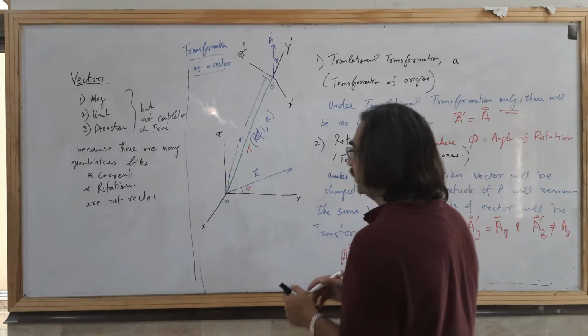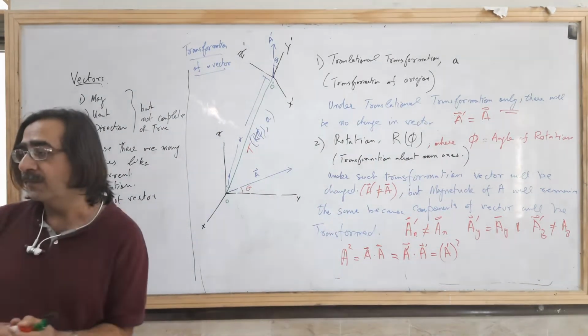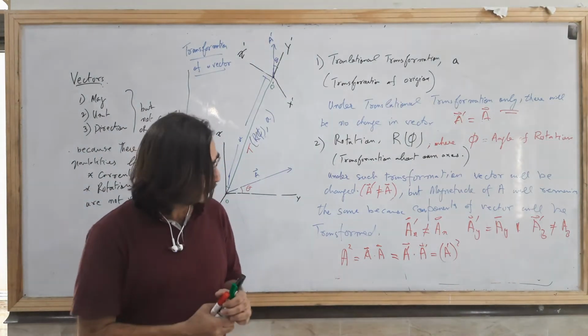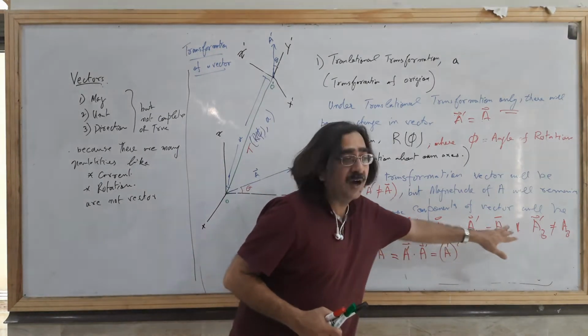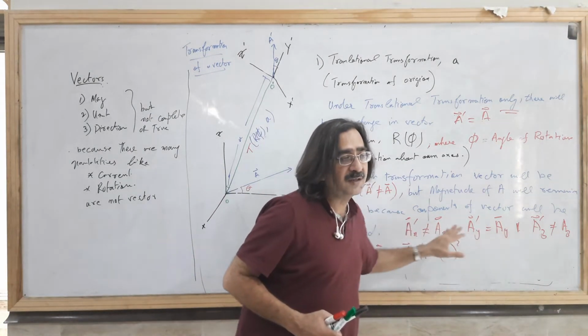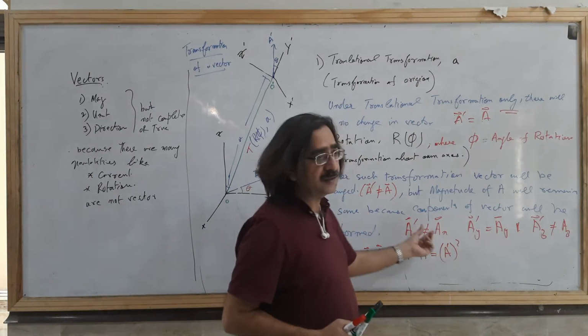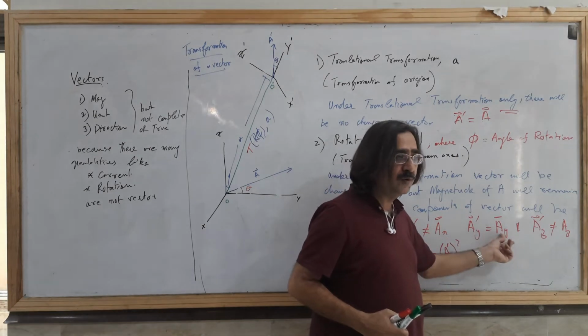A square will be equal to A prime square. Okay, the magnitude will remain the same. All components will be transformed because the components will not be the same.